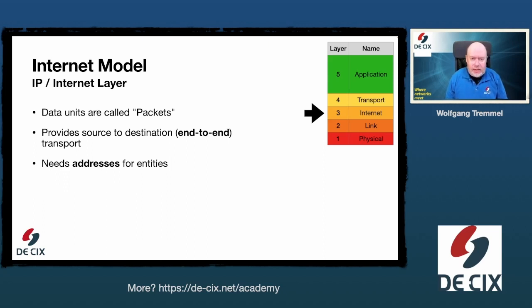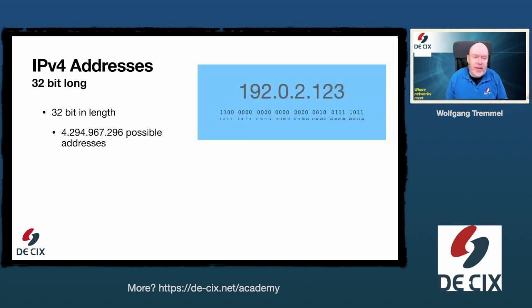And as currently there are IPv4 and IPv6 protocols both running in parallel on the internet, we have IPv4 and IPv6 addresses. IPv4 addresses you might have seen before. They are 32 bits in length. There are 4 billion possible addresses. Usable of these 4 billion are about 3 billion.